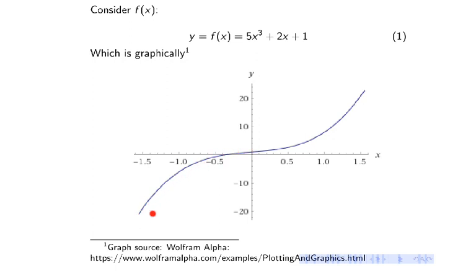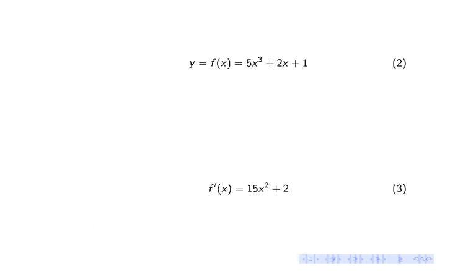So with every increase in x, y increases by smaller and smaller amounts. We see the opposite here. For each increase in x, y will increase by greater and greater amounts as the curve starts to move like that. So how do we take this derivative?